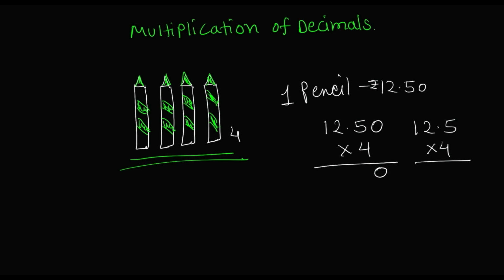So let's solve. 4 into 0 is 0. 4 5s are 20, write 0, carry over 2. 4 2s are 8 plus 2, 10, write 0, carry over 1. 4 1s are 4 plus 1, 5.